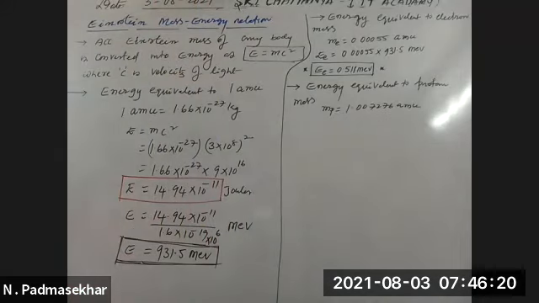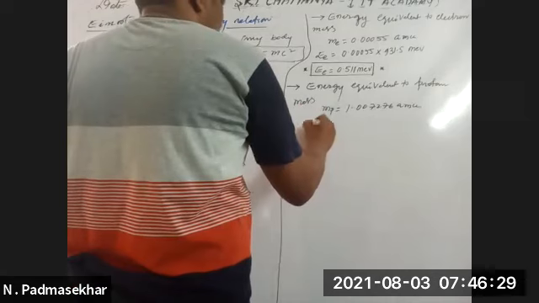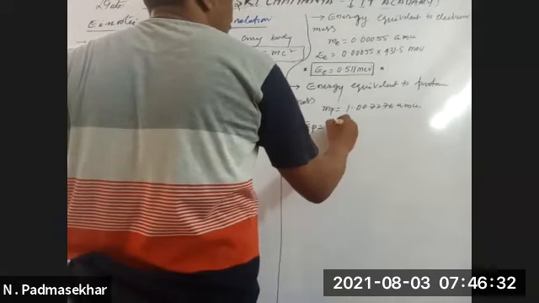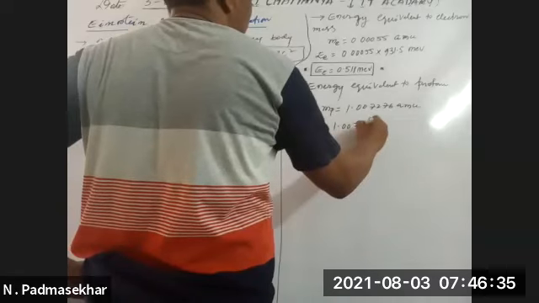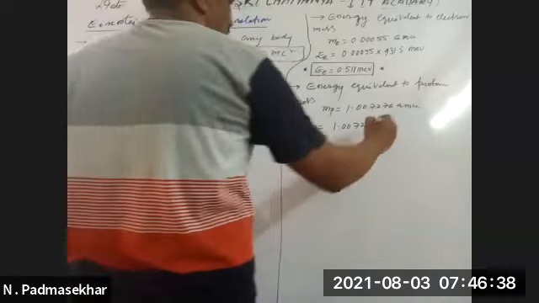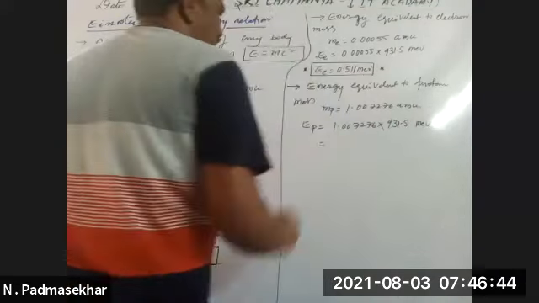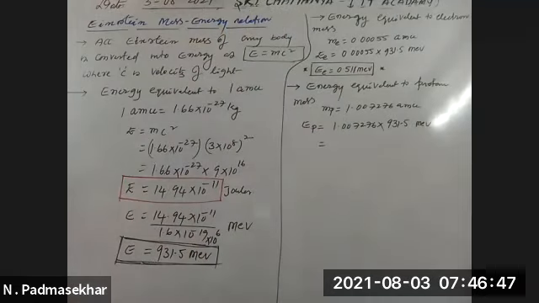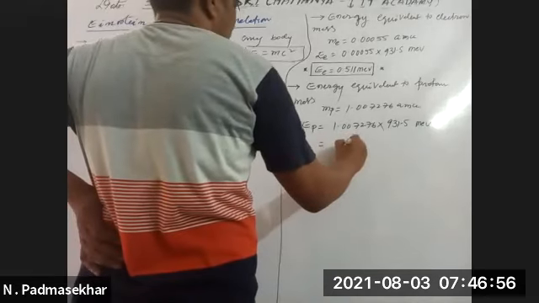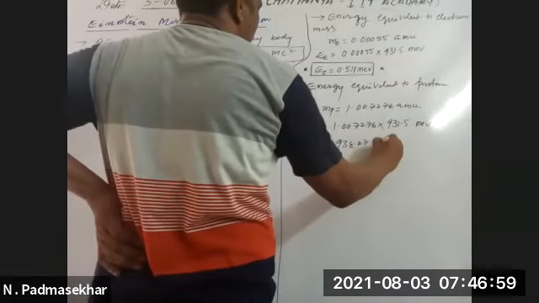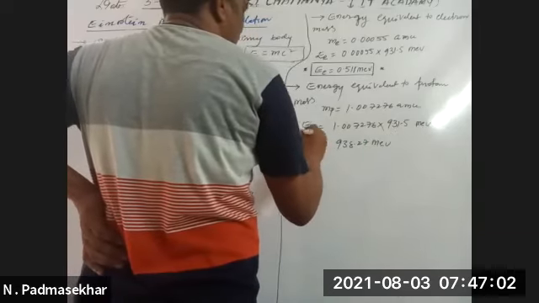So the energy of the proton is equal to 1.007276 into 931.5 MeV, which is equal to 938.27 MeV. So this is the energy of the proton.